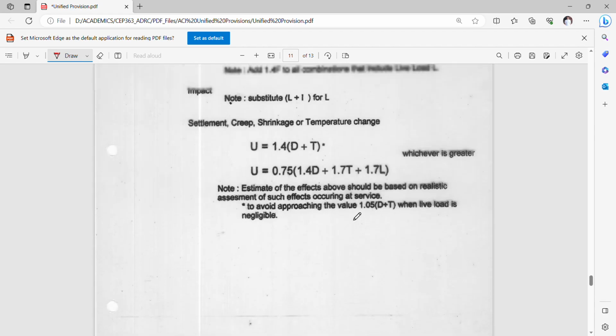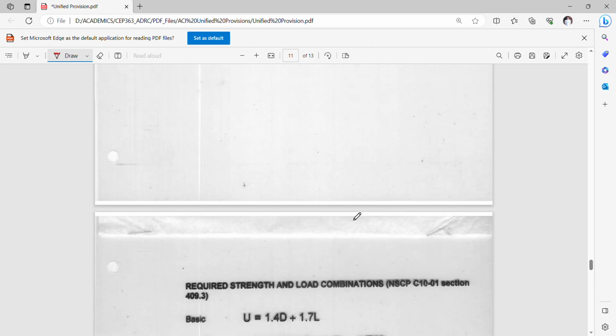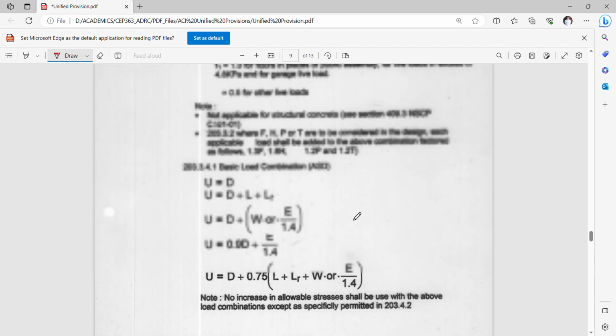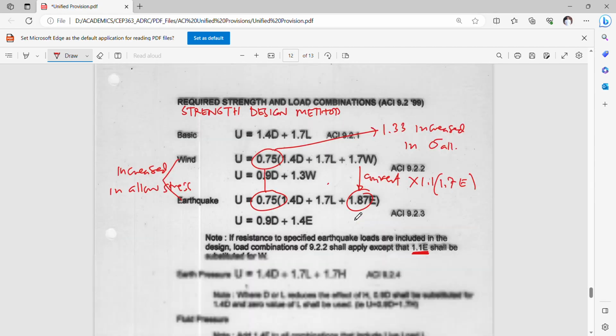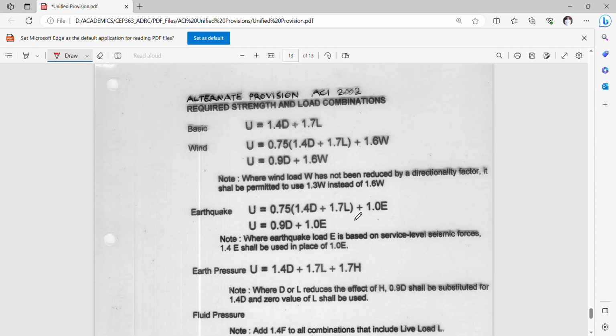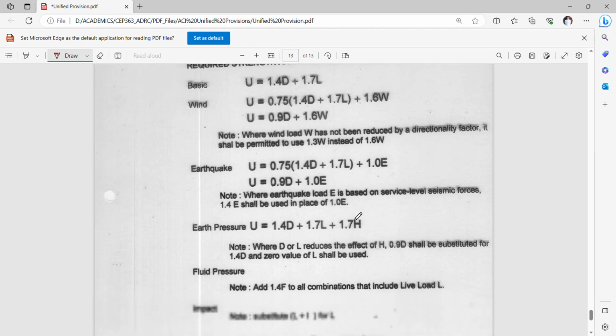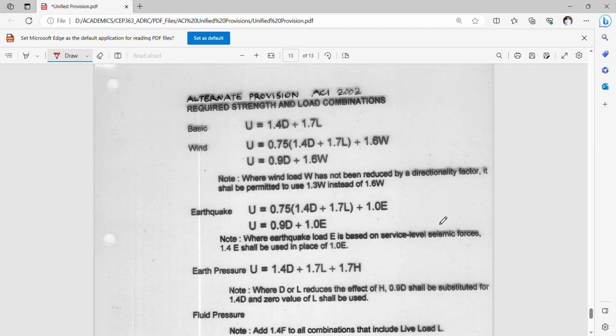So before we do the NSCP edition of this code, let's look back to ACI 2002 first. Okay, so for ACI 2002, basically the strength design is a little bit adjusted in terms of basic, but there's no adjustment.